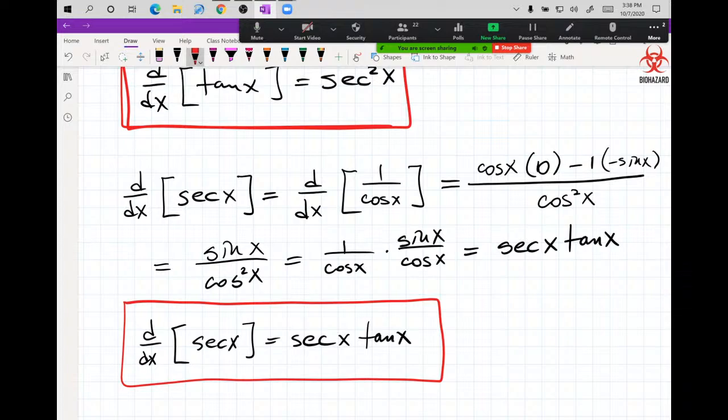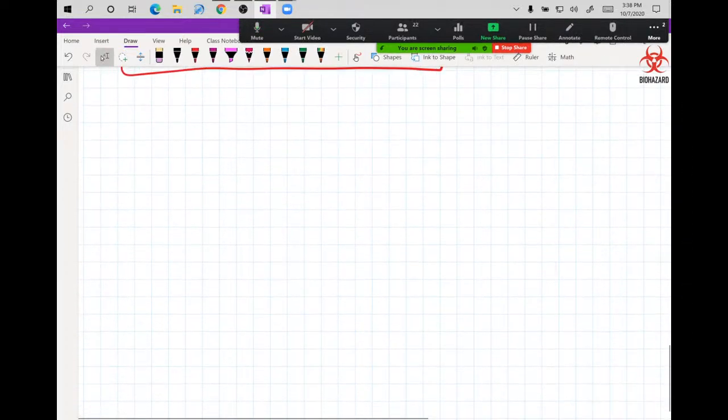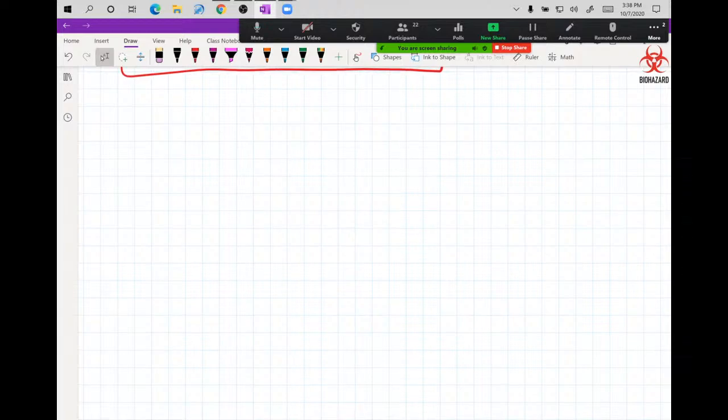So now, let's write all 6 derivatives in one spot and see what is the easy way to memorize all of them, and how much effort you need to put into remembering all of these things.